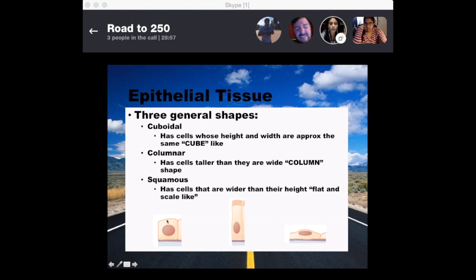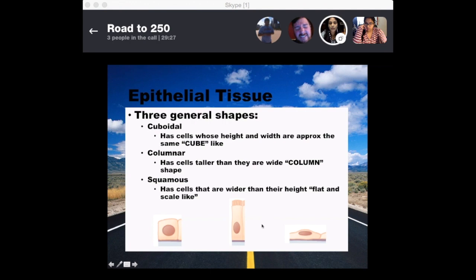So height and width are in an equal 1-to-1 ratio. The columnar cell is taller than it is wide, like you see here. So it looks like a column, and it has that column shape, so it's taller than its width. And then the squamous cell is wider than its height. So it's wide, flat, and scale-like.